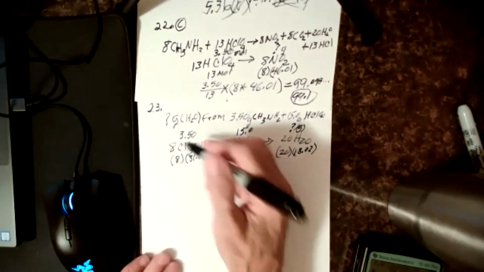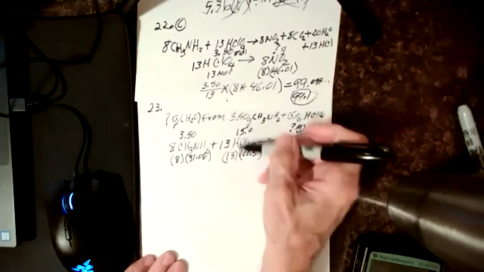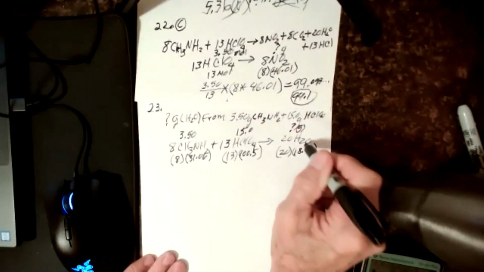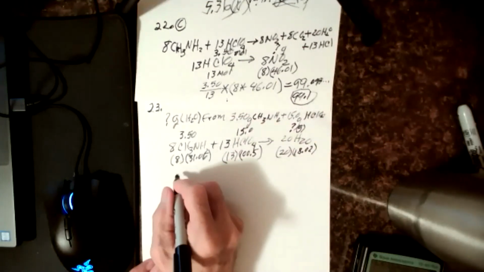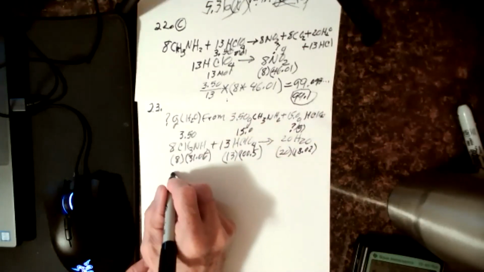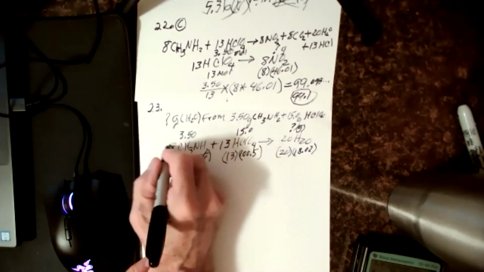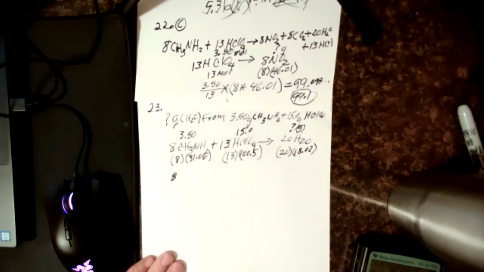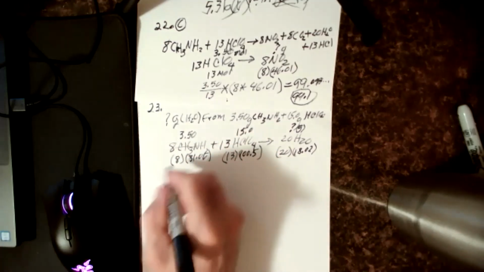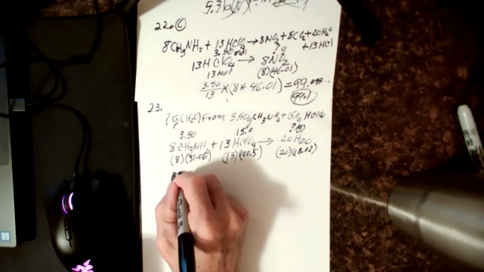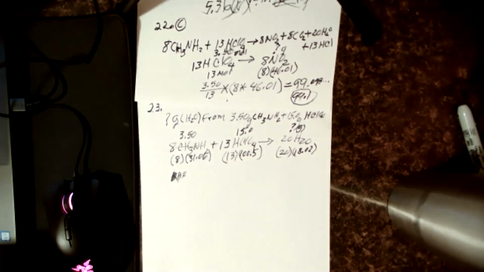So I see from my setup, I've got 2 rebalancing factors, one here and one here, and I have to figure that out before I can do the rest of the problem. So let's do it. Are you okay with me just dividing this out? It's rebalancing factor, RBF, 3.5 divided by 8 divided by 31.06.